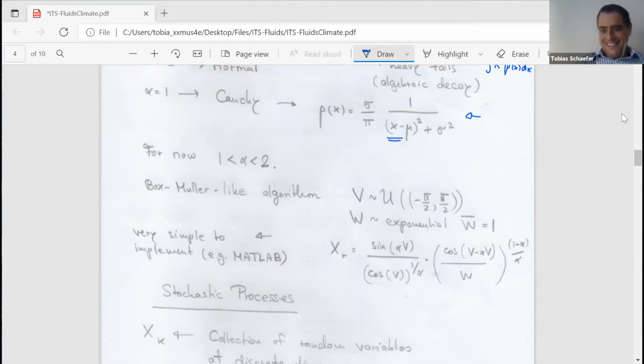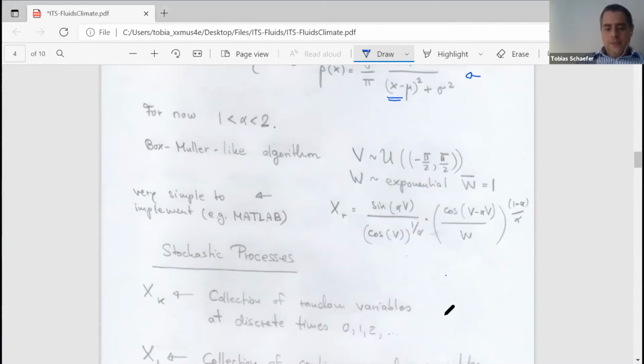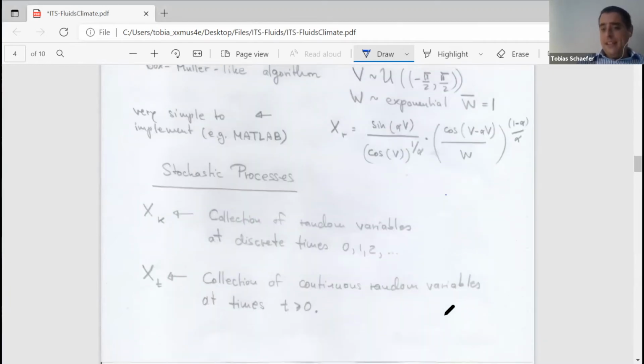All good? All right. When we look at stochastic processes, the basic idea is again very simple. We want to look at a collection of random variables that is now time dependent, and we somehow want the next random variable to have something to do with the previous one.